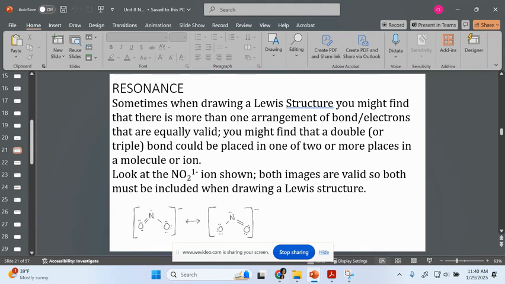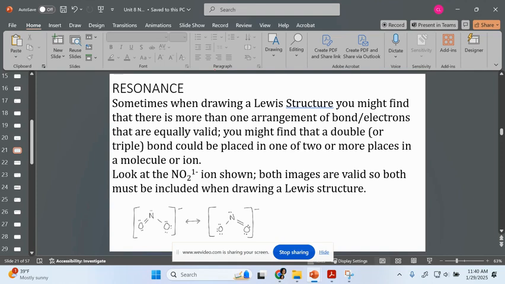For example, in the nitrite ion, this double bond with the oxygen could be on this oxygen or on this oxygen. It could be drawn either of these two ways, and either one would be a valid structure. In reality, it's not really a double bond here and a single bond here. It's kind of a mashup between the two.